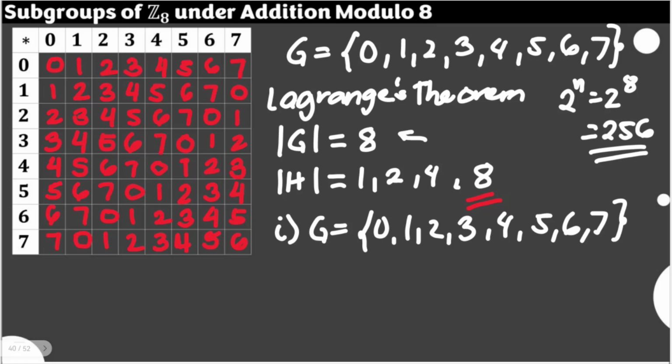This is the subgroup with order 8, and the group is also a subgroup of itself. So we are now okay with the subgroup of order 8. And the second one is, of course, the subgroup containing the identity. This corresponds to the subgroup with order 1.